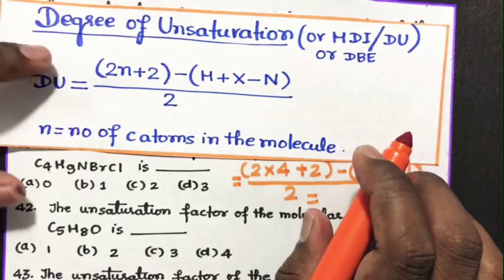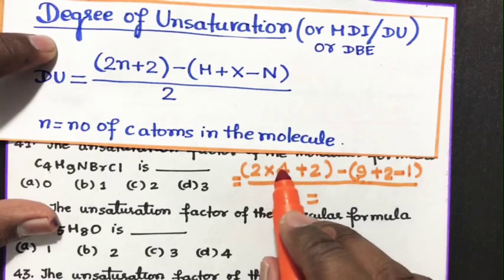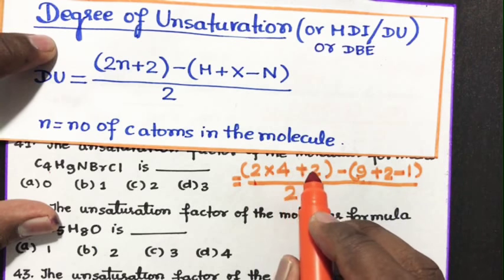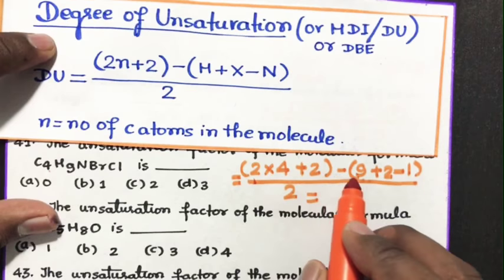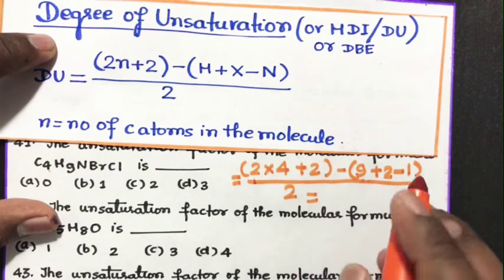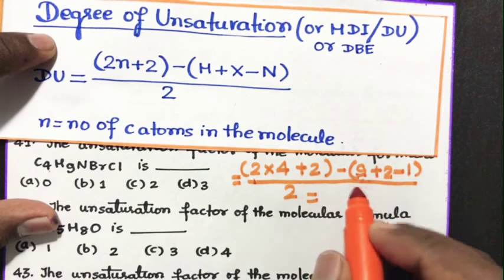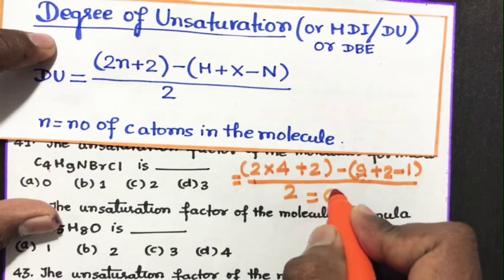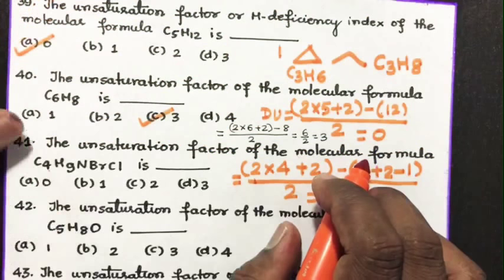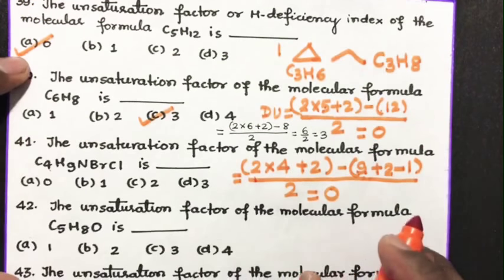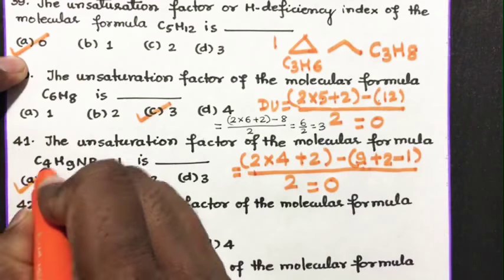If we solve it, this will be 4 into 2 plus 2, that is 10, minus 9 plus 2, 11, minus 1, 10. So 10 minus 10 by 2 will be equal to 0. So in this case the degree of unsaturation is 0.